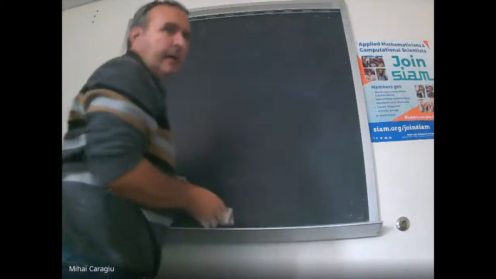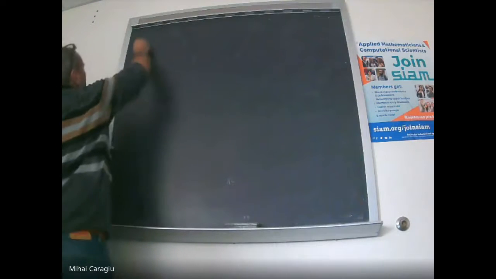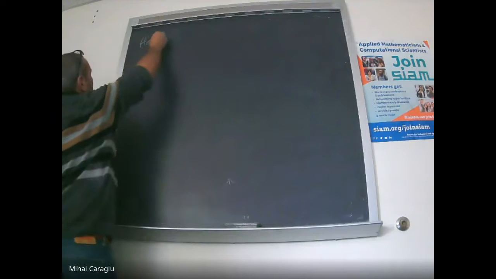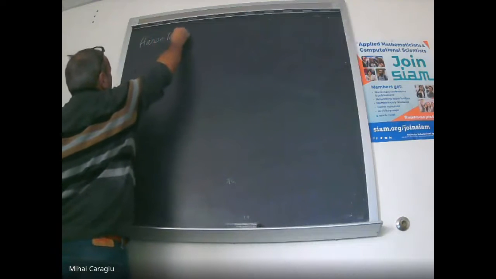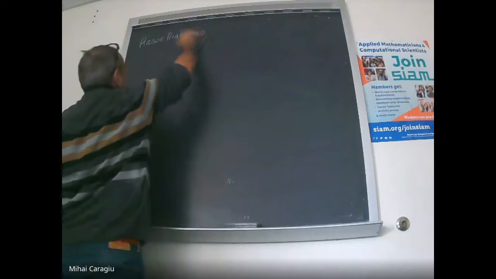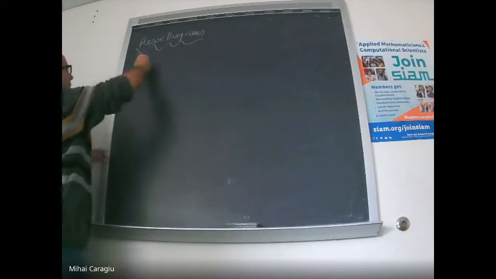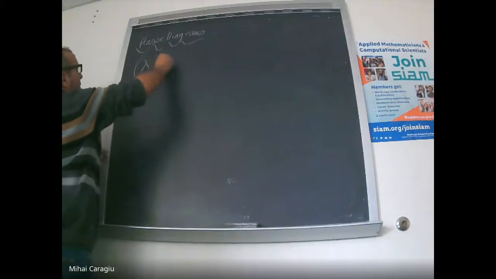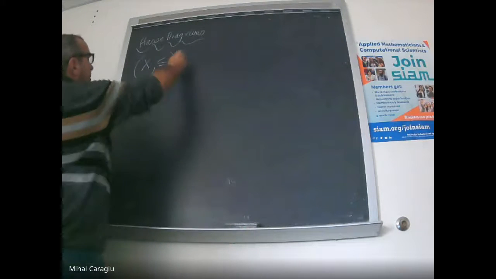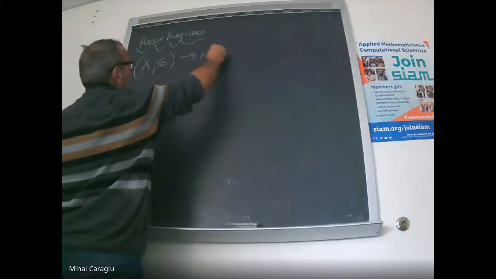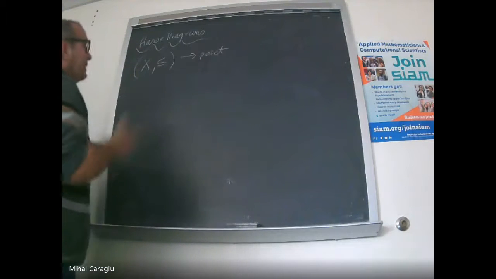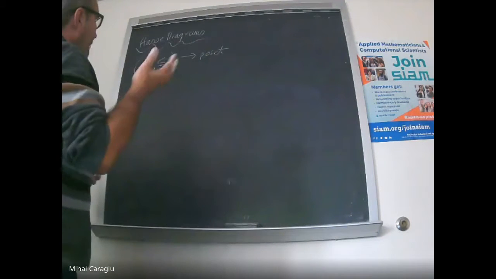So let's discuss Hasse diagrams for a while. Let's assume I have a set X with a partial order relation on X. It's a poset. Let's imagine X is finite, just to ease the graphical representation.